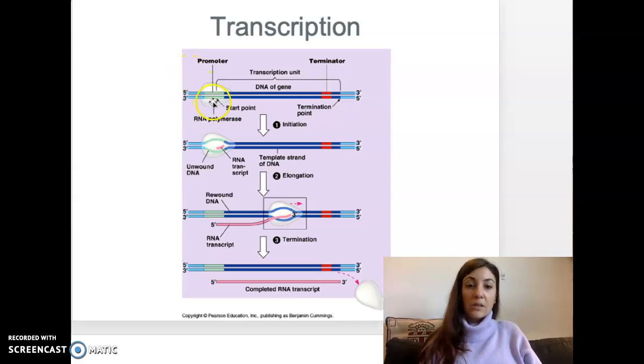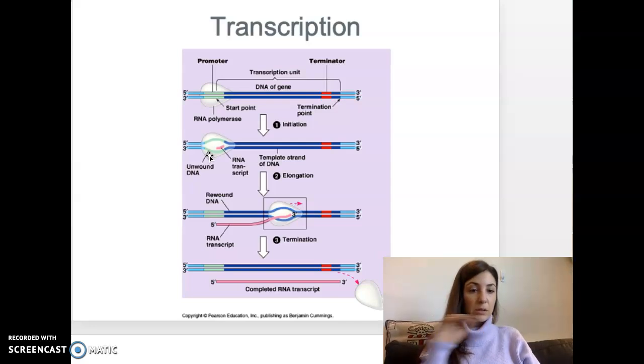So we have the start point. Remember, the start point, or the promoter, is the TATA. This RNA polymerase, this blob here, is going to identify the TATA sequence, the TATA box. As soon as it has identified the start or promoter region, RNA polymerase is going to unzip the DNA, breaking the hydrogen bonds.